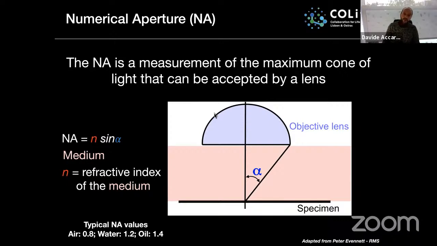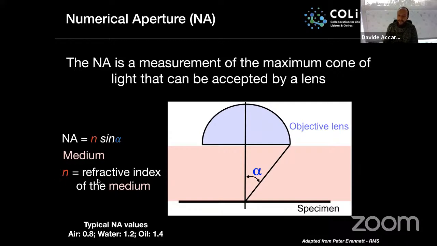Okay, so mathematically, the numerical aperture that you see here is described as n sine of alpha, where n is the refractive index of the medium through which the lens looks. So this could be air, but could be water, oil, glycerol, silicon, and other things. So there are many specialized lenses, okay? But what is the refractive index?